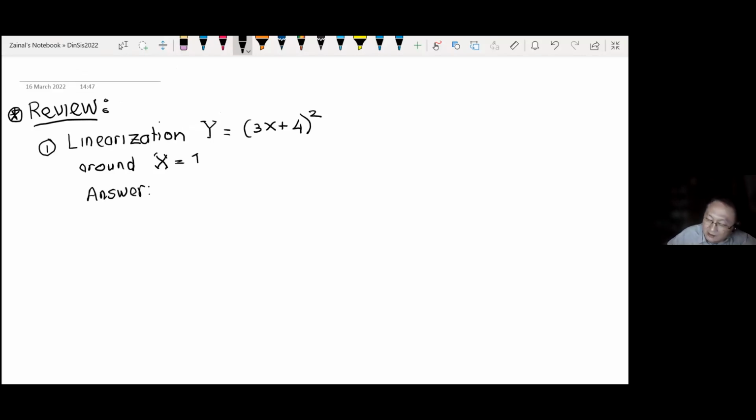You know that y is equal to dy over dx, and then you have to calculate around x is equal to 1, multiplied by x.